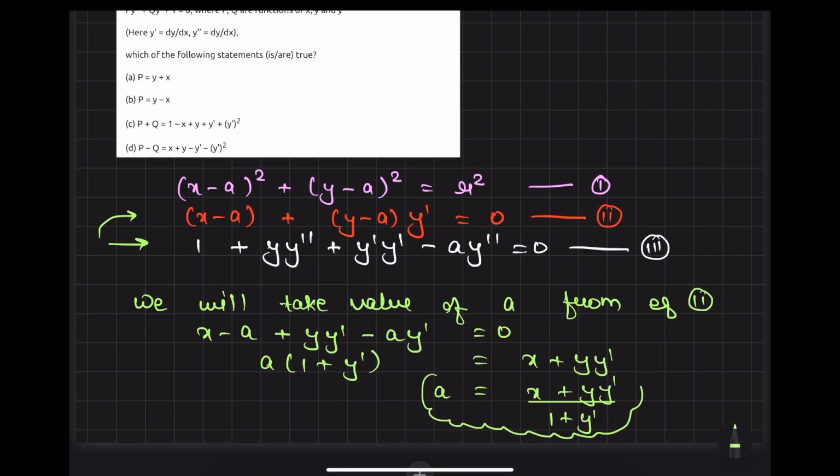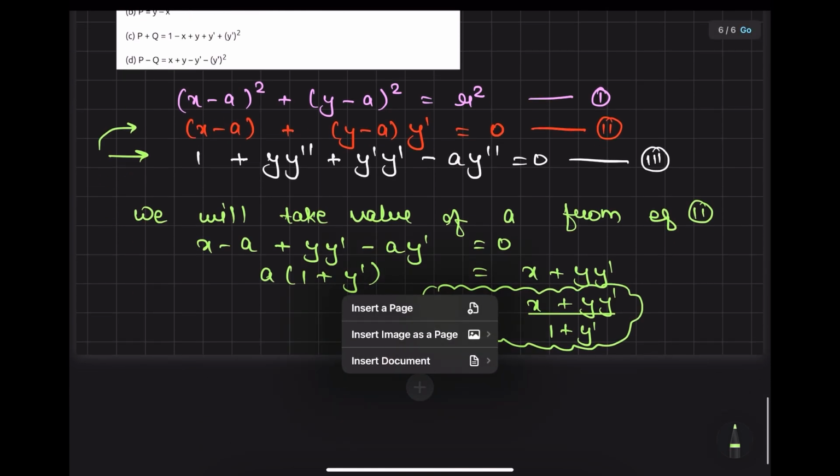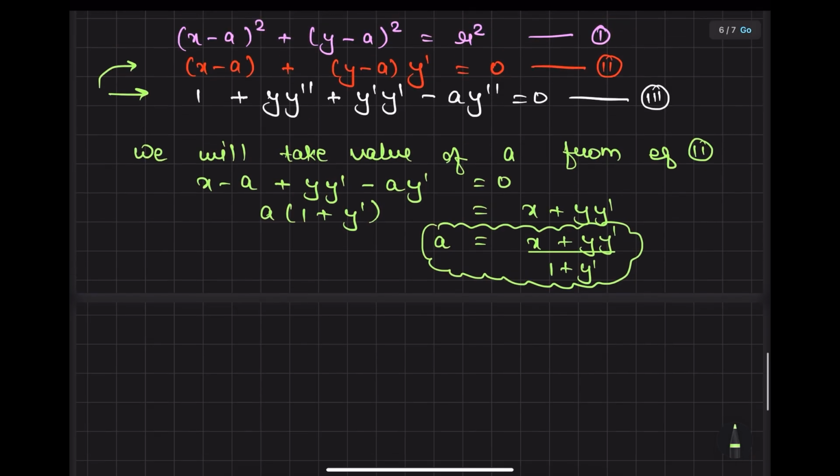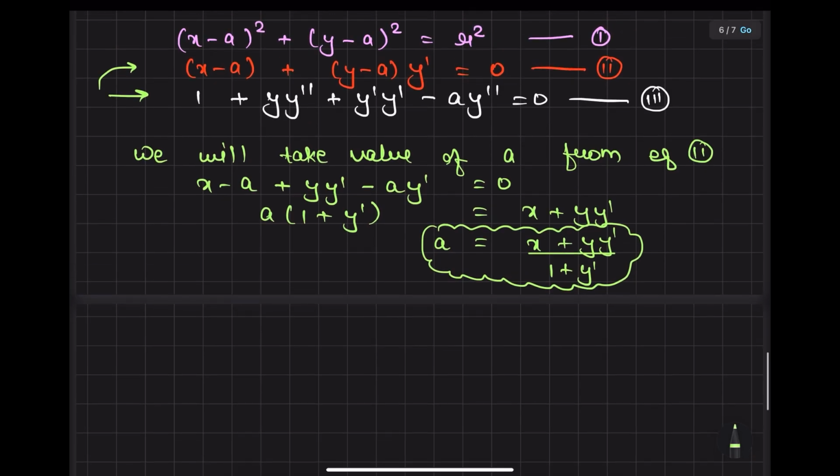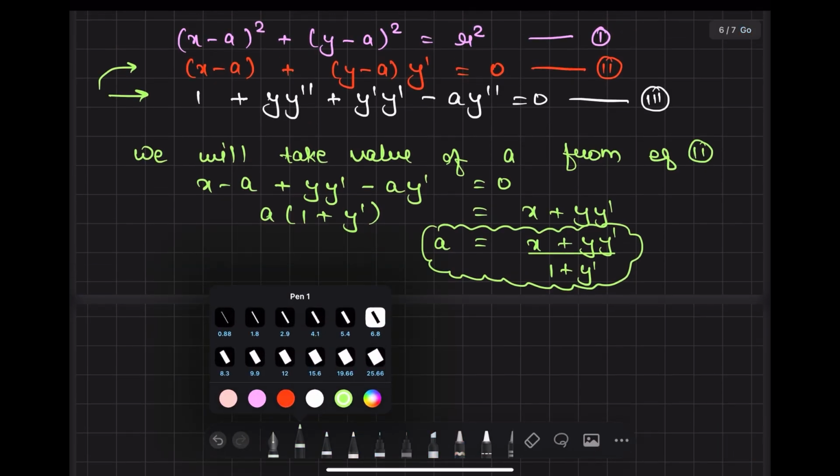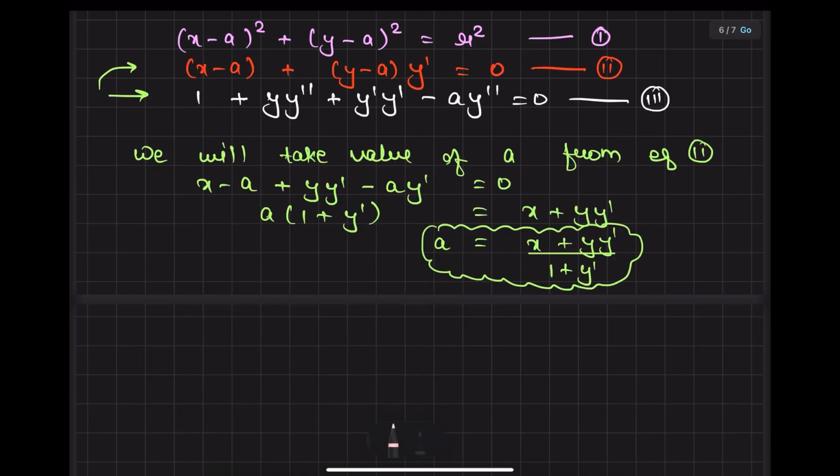So we got our value of a. Now what I will do, I will substitute the value of a in equation 3 to find out the final differential equation. Okay, so look at here.